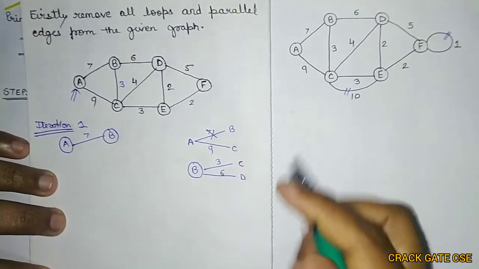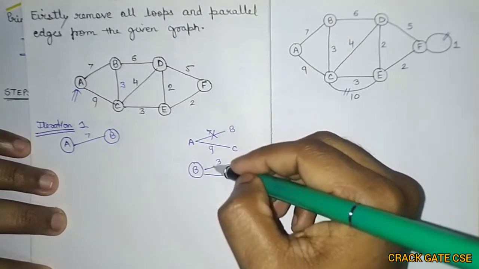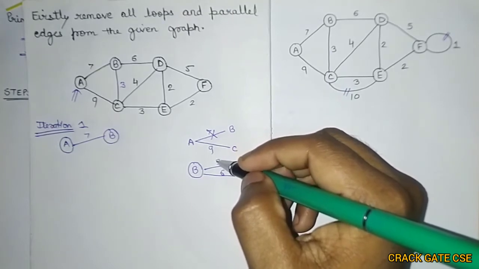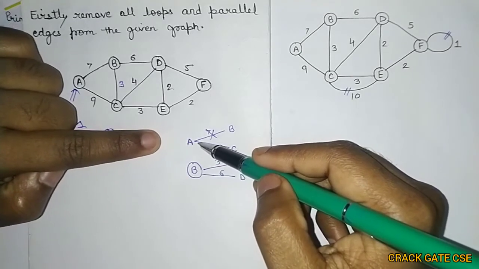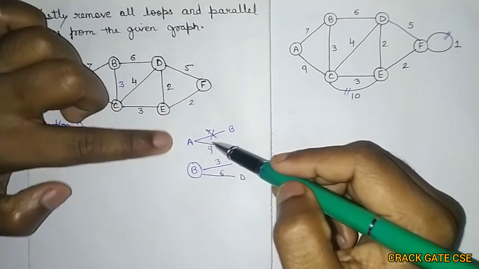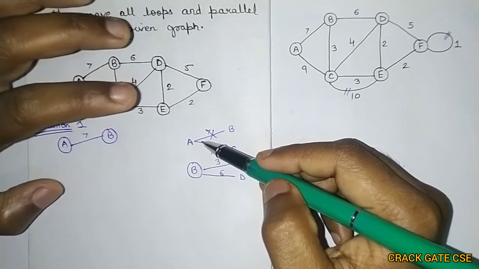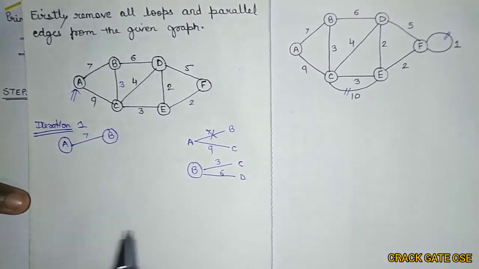Now we have to select the minimum edge among these. Whatever the minimum edge in A and B adjacent edges, we have to select that. We need to make sure that besides the newly created node, we are also considering the previous vertex to find out the minimum adjacent edge. In both of them we have 3 as the minimum.